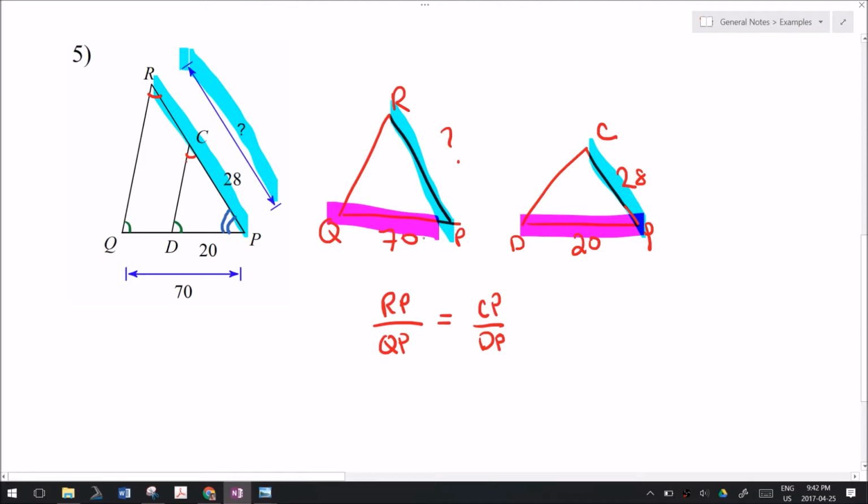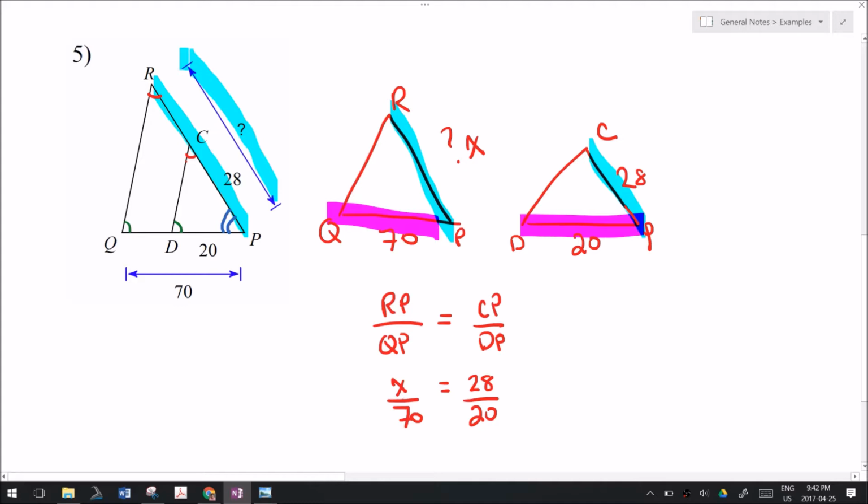Now, in this case, what we know is that we don't know the length of RP, so we'll call that X. QP is 70. CP is going to be 28, and DP is 20. So I can use this ratio here to help me calculate the length of my missing side.